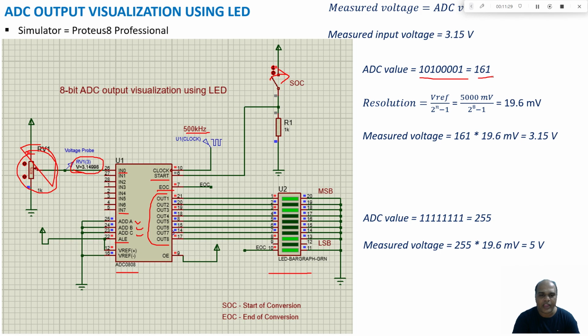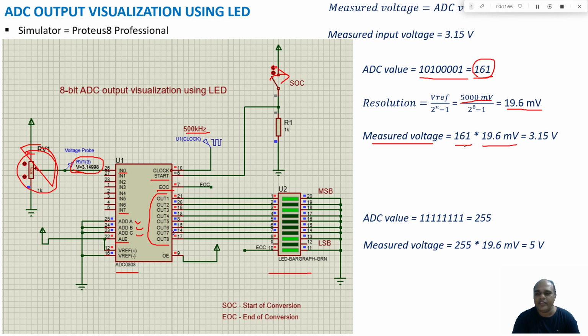So how do we calculate the voltage from this binary bit pattern? We can multiply the ADC value by the resolution of your ADC to get the measured voltage. What is the ADC value? The ADC value is 161. We know the resolution of our ADC: if my reference voltage is 5 volt and it is an 8-bit ADC, the resolution is 19.6 millivolt.